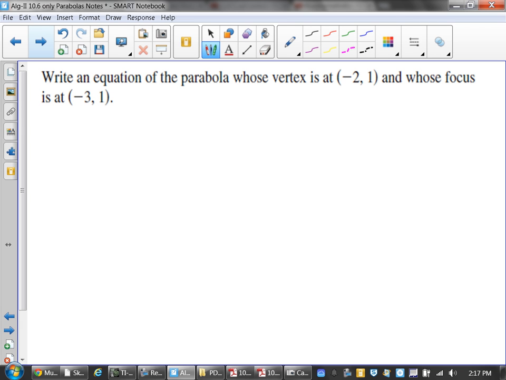So let's plot (-2, 1). There's my vertex. My focus is at (-3, 1). What direction am I going? I'm going left. So is it x squared or y squared? y squared. So let's write down the y squared formula.